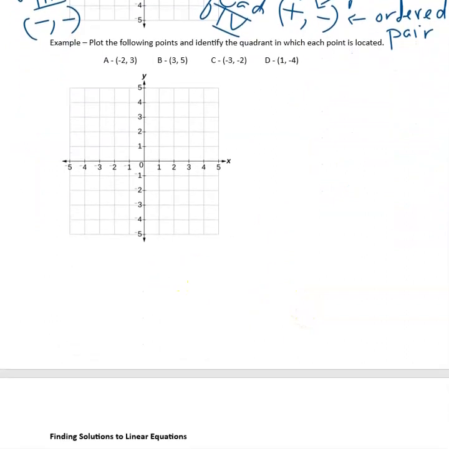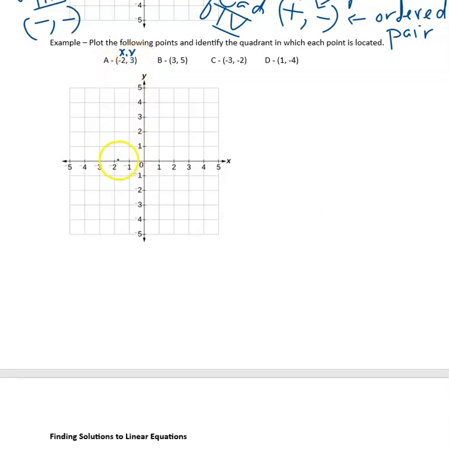And our first example here is point A, which has an x value of -2 and a y value of 3. And again, remember, it's always x listed first, and then comma, y listed second. So my x value tells me to start at the origin and go 2 to the left, so a -2 movement.